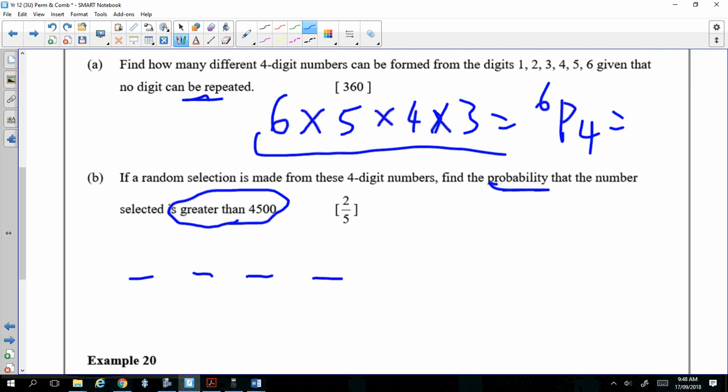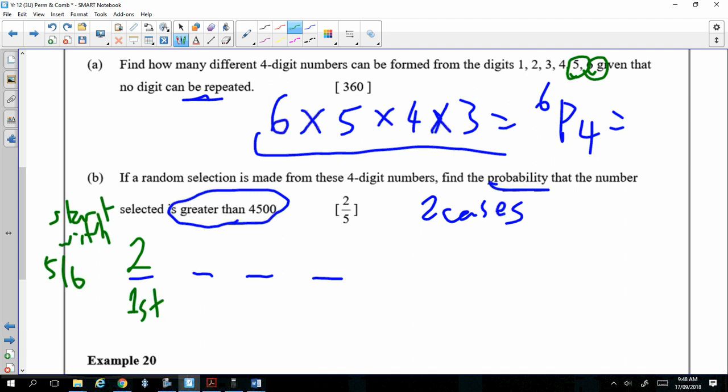If we start with the digit 5 or 6, there are 2 choices, right? Start with 5 or 6 for the first digit, and the next digit could be anything. So how many digits left? There are 5 left, 4, 3.